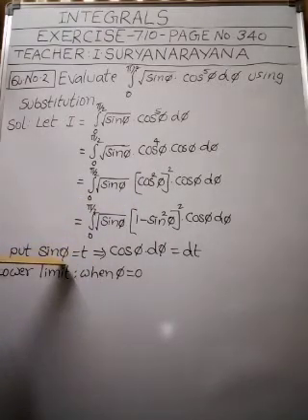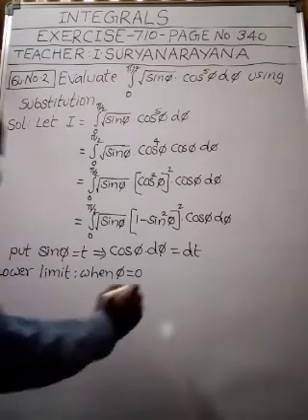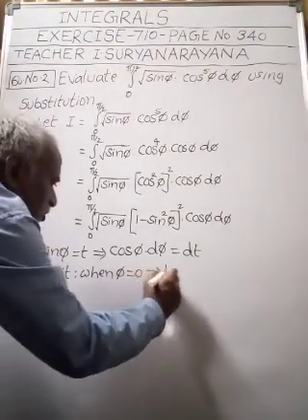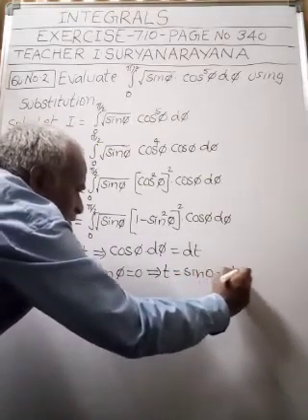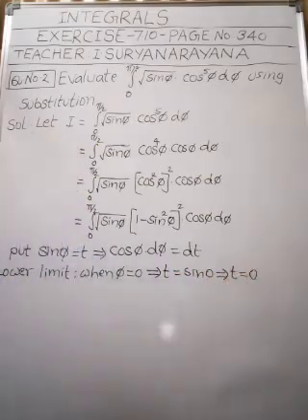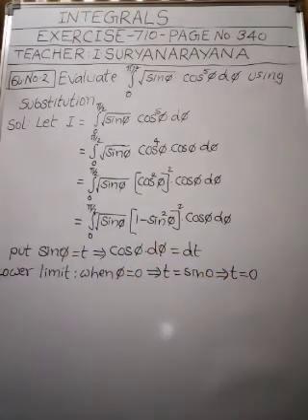So when phi is equal to 0, in this equation put phi is equal to 0. So t is equal to sine 0. What will we get? t is equal to sine 0. This implies t is equal to 0. Sine 0 value is 0. This is the lower limit of the new integral. Okay, my children, understood this step?